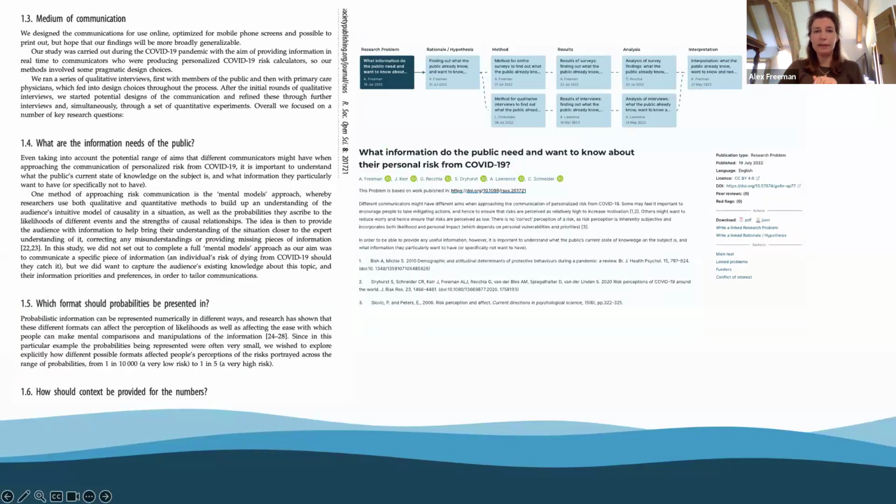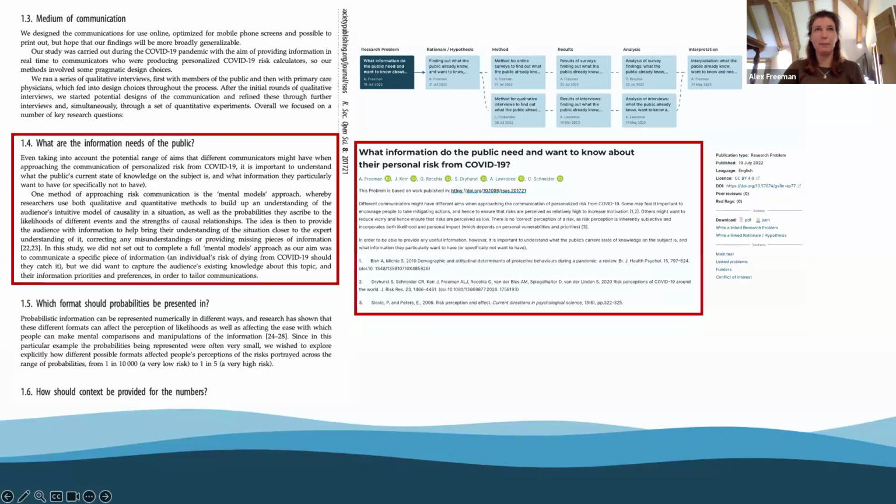The next one I had to think about a little bit more, because when I looked at the paragraph or two that I'd written in the paper, the second paragraph started, "One method of approaching risk communication is this approach." Those words set off a little alarm bell in my mind. I thought, this isn't the problem now.